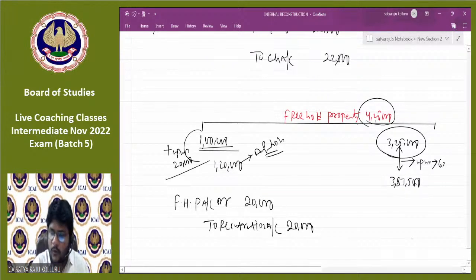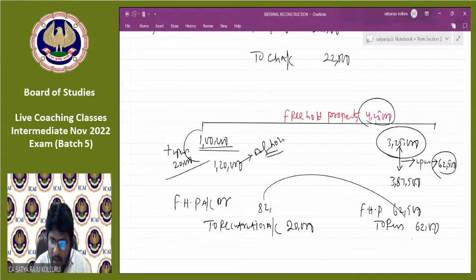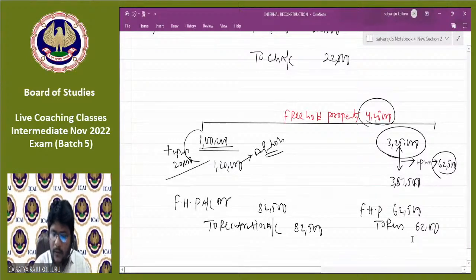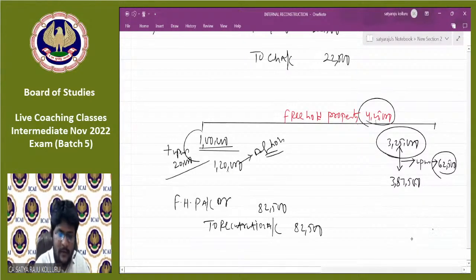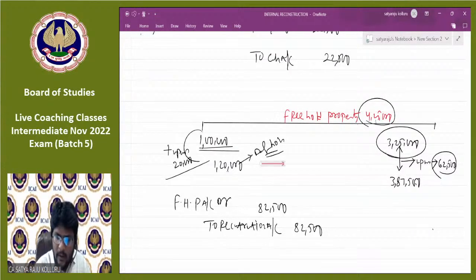Profit was 62,500 here. So you can also pass one more entry, freehold property to reconstruction 62,500. Or rather than pass two different entries, since the entry is the same, you can club both the amounts as well. That is 20,000 plus 62,500, 82,500. You can write directly here itself 82,500, which is the impact of upward revaluation of both the assets.